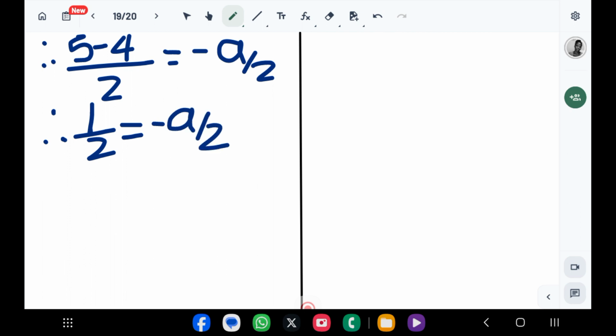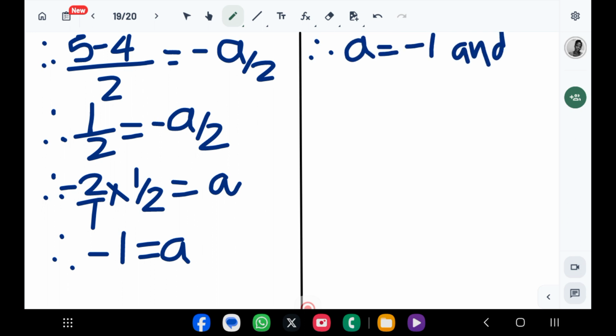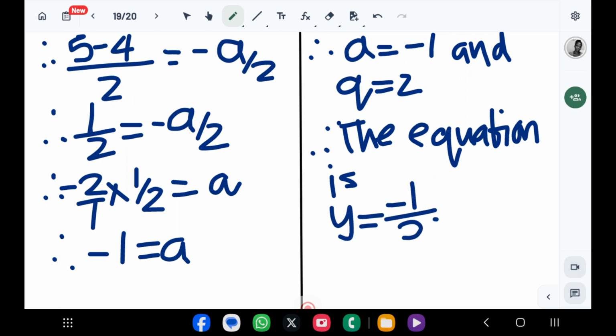Multiply both sides by negative 2 to get rid of the minus sign in the fraction. Negative 2 over 1 times 1 over 2 equals a. Therefore, negative 1 equals a. So your a is equal to negative 1 and q equals 2. Meaning that the equation is y equals negative 1 over x plus 2.